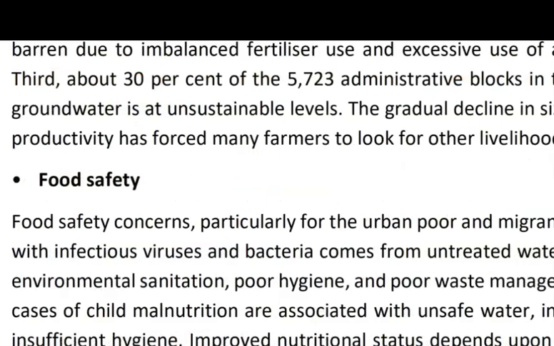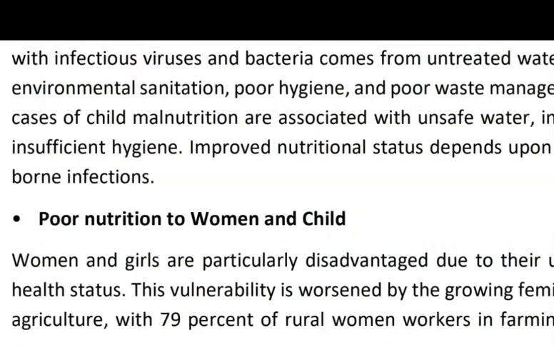And then we have the challenge of food safety, where concerns particularly for the urban poor and migrants are seen, where food is contaminated or infectious or undertreated, with poor waste management and poor environmental sanitation. All these things lead to insufficient hygiene where improved nutritional status is completely lacking.